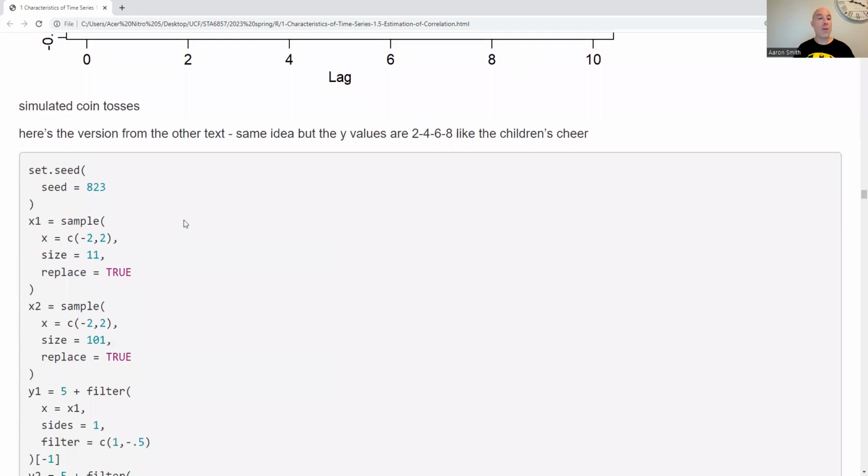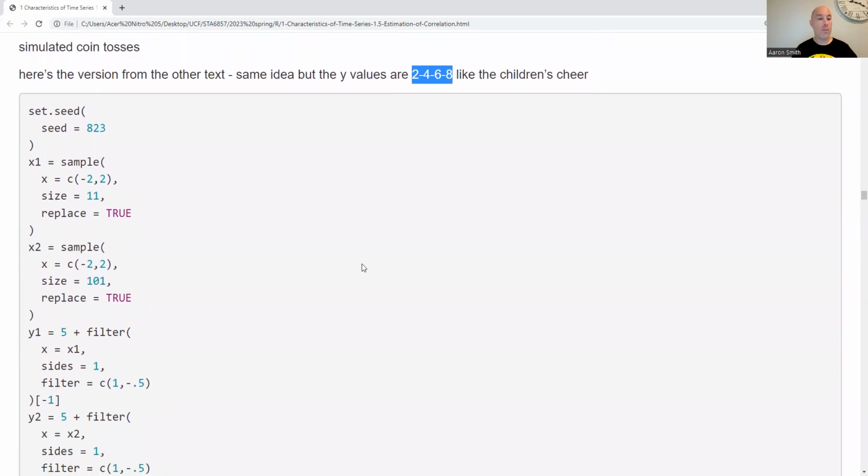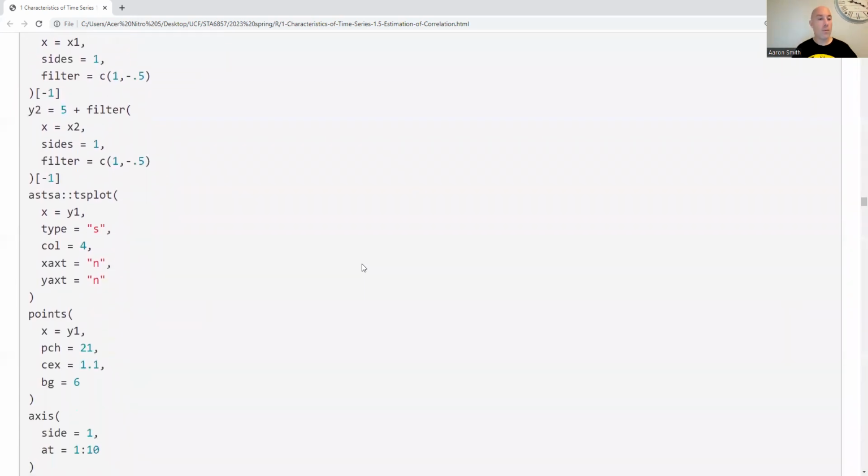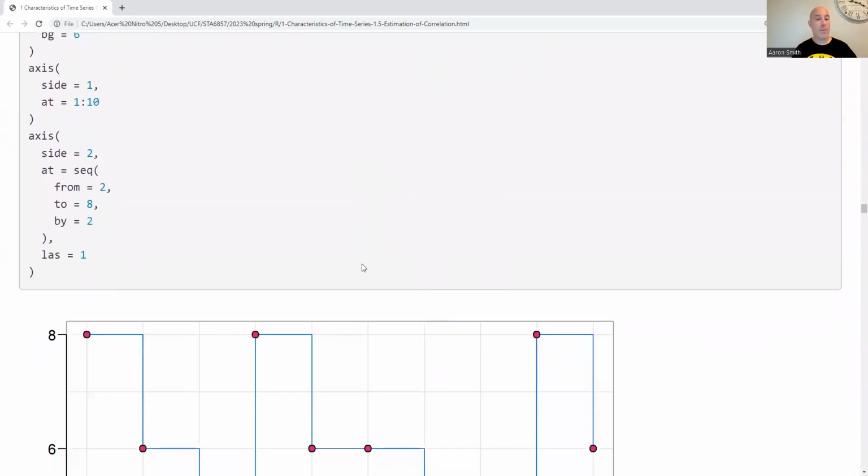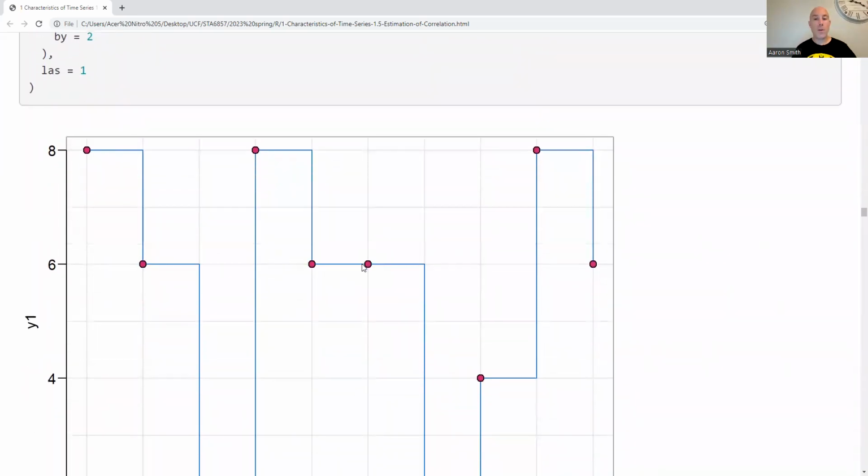All right, so here, same idea, slightly different values for this, slightly different setup. Another version of the text approached it this way. The author included this on their webpage, so I'm showing it now. And here we can see these results.